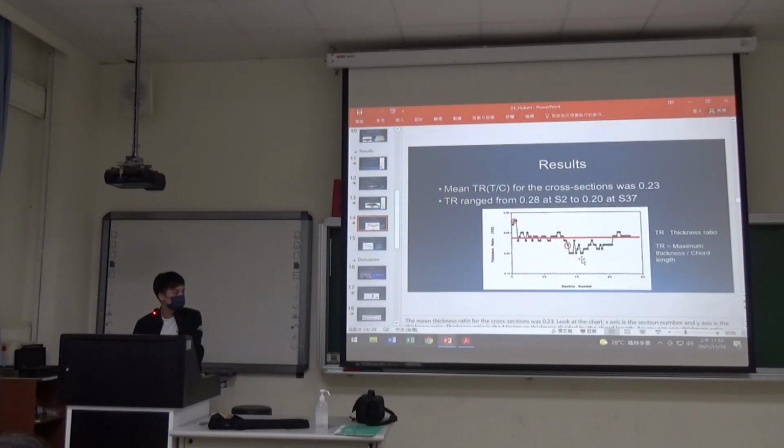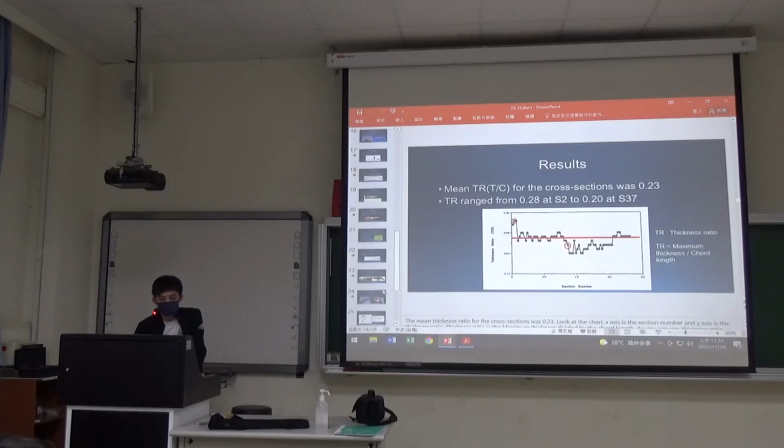What is the function of the tubercles on the humpback whale? So we want to know the function of tubercles for the humpback whale.